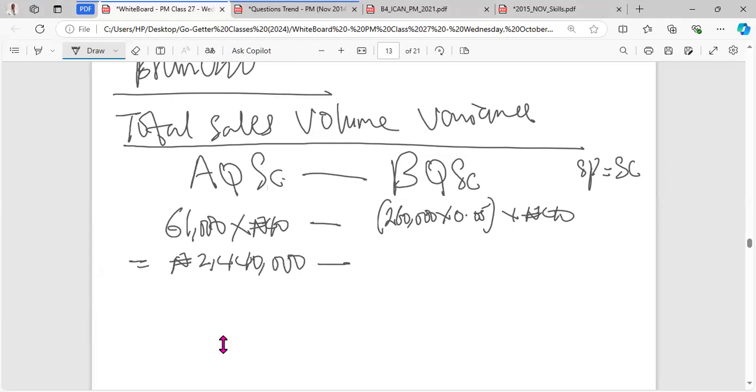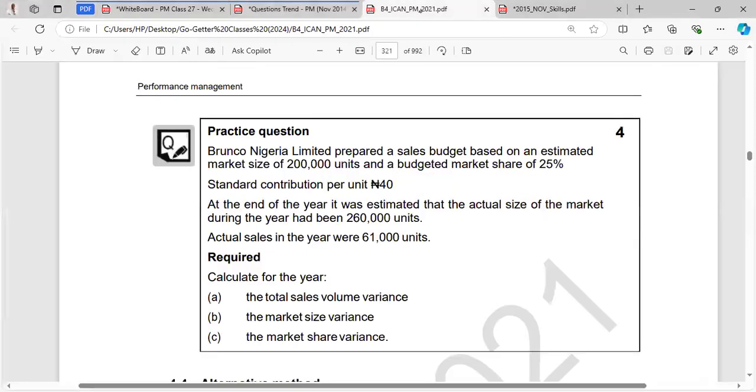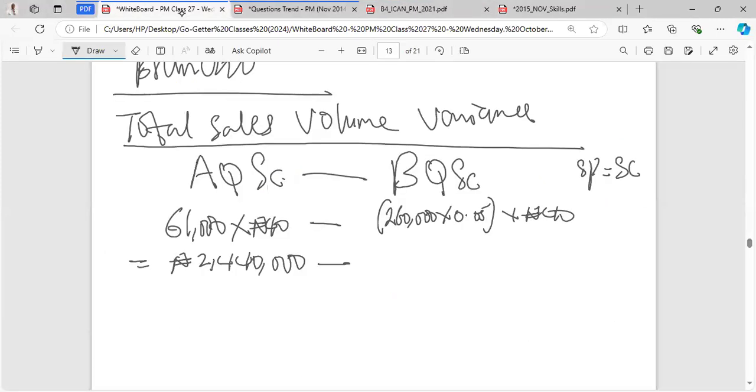Minus 260 multiplied by 0.05, sorry, I need to look at that again. 25%. I don't know why I got 5%.